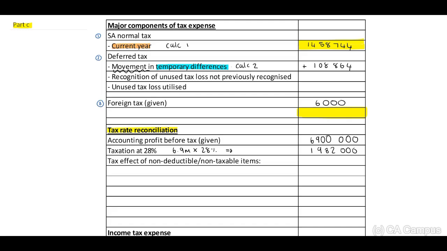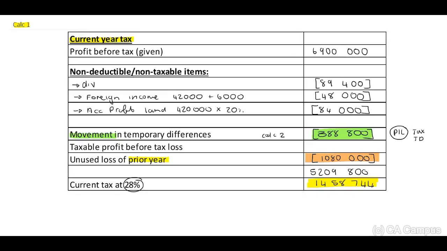Now, in terms of temporary differences, I just want to note one thing to you here. If you look at our current tax calculation, do you see our taxable amount, taxable temporary difference? We have deducted the 388,800. Now this is the 100% of our temporary difference. And then at the bottom, we include only 28% of this amount in our current tax.